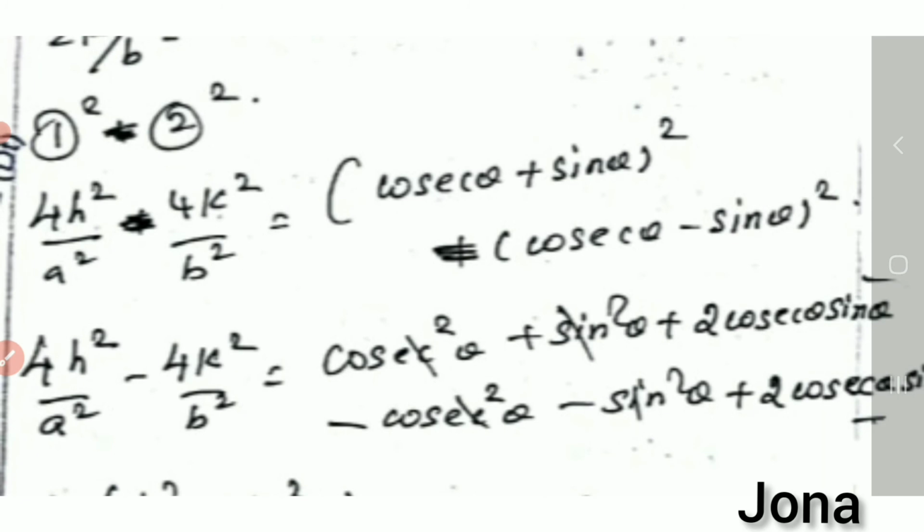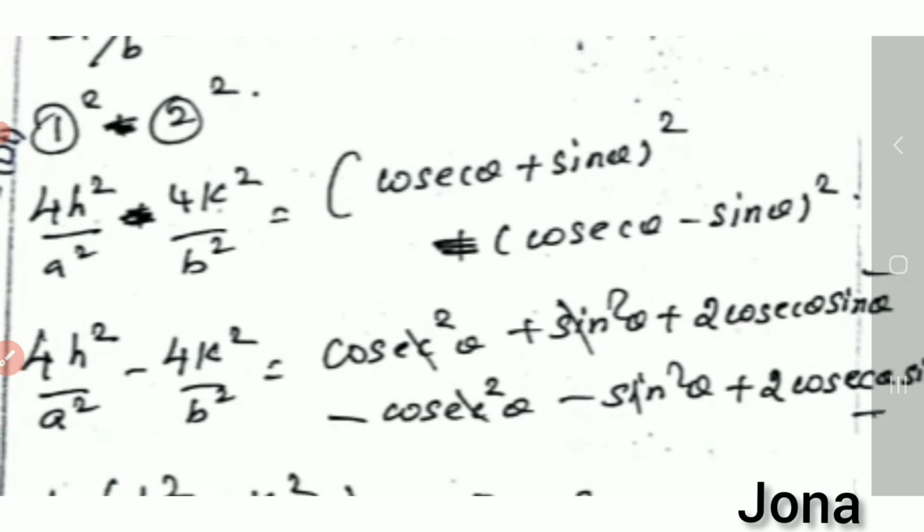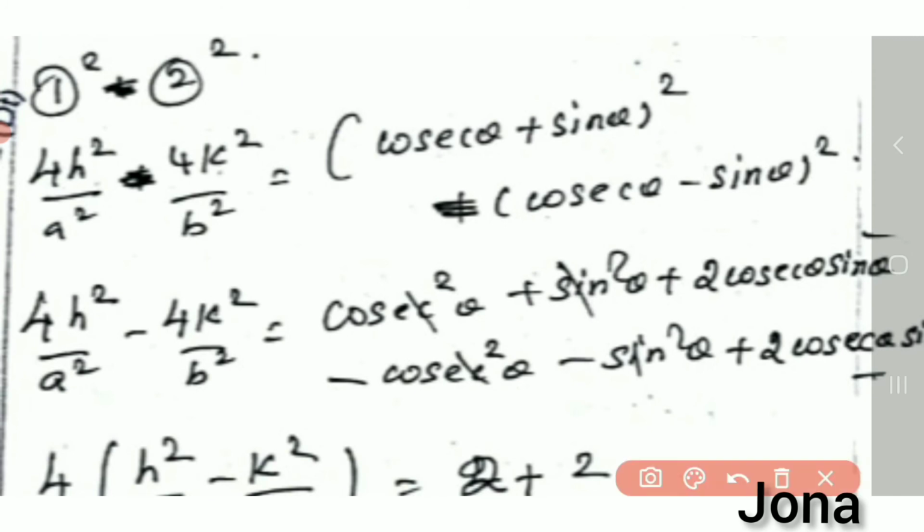So 4h square by a square minus 4k square by b square is nothing but cosecant theta plus sin theta the whole square minus cosecant theta minus sin theta the whole square.